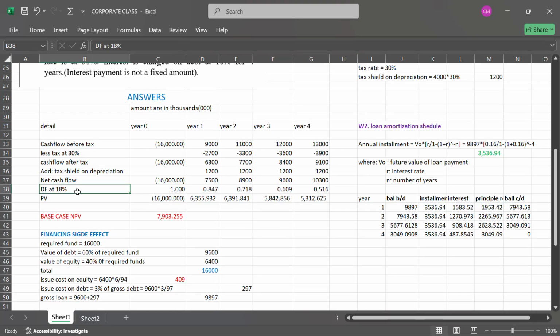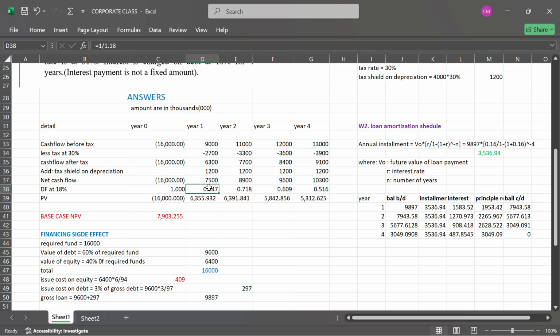So discount at rate of 18%, year 0 there is no change because the amount are in present. That's why we multiply 1.000 to make no change in value. While year 1, as you know, we compute the amount of this discount factor, sorry, to be multiplied on this cash flow so that they can be discounted.